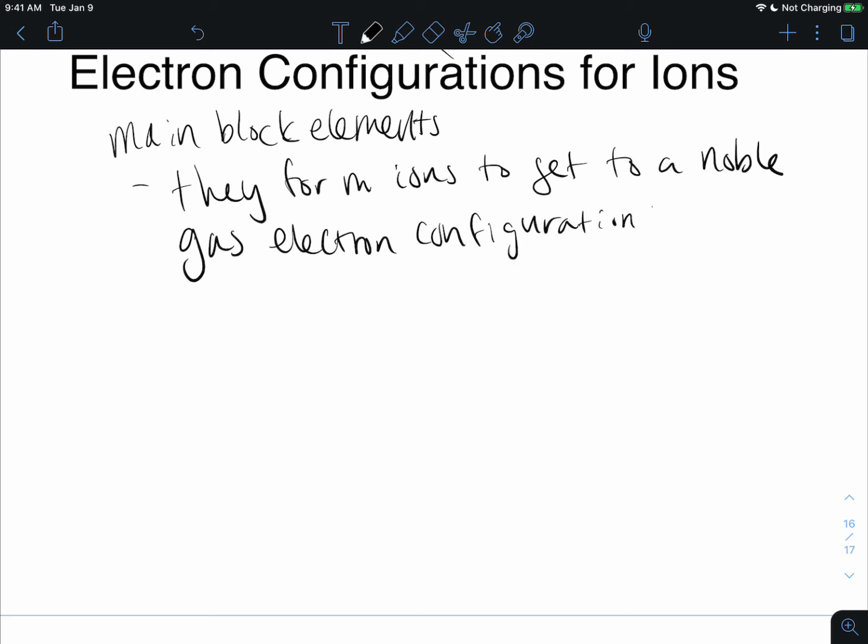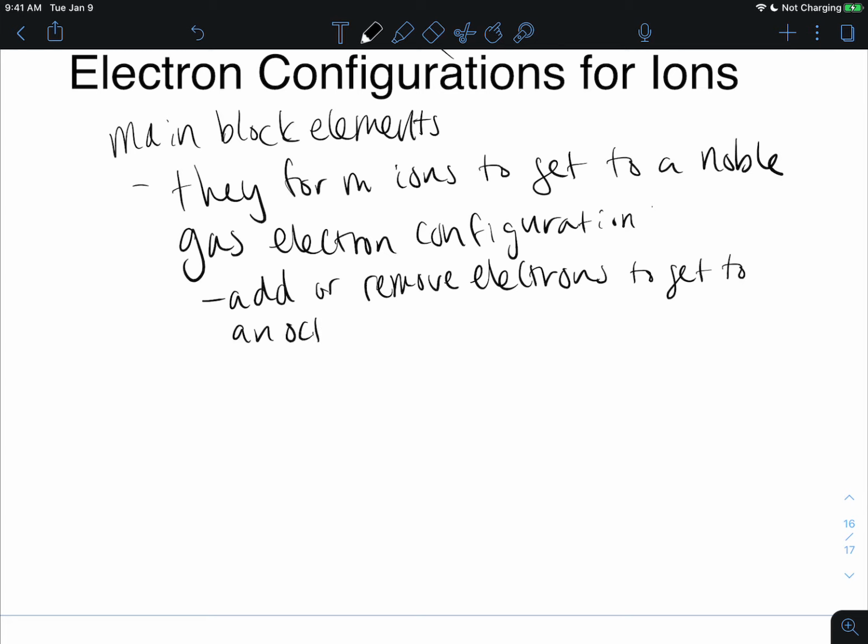So they either add electrons or remove electrons to get to that octet. So it's pretty easy. We're just going to add or subtract electrons from our electron configuration, and almost always this is going to lead to a noble gas electron configuration.